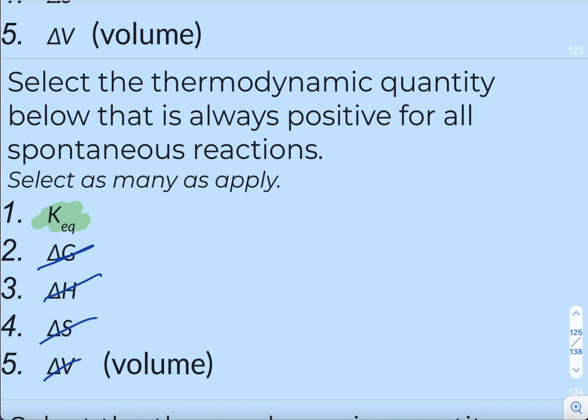Okay, the exponent on K, like times 10 to the negative whatever, that's okay. But you never have a negative actual value. Okay, it's always greater than 0. Sometimes it's a very small number. That exponent can be very negative. And that means it's not super favorable, but K is always positive no matter what.